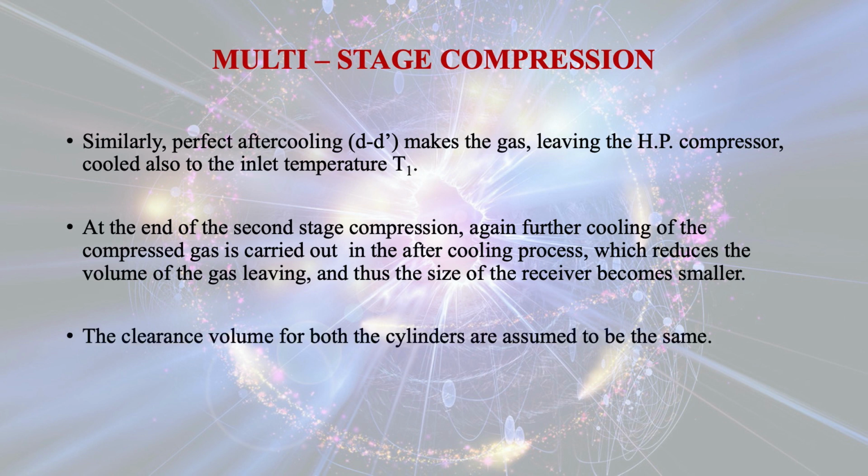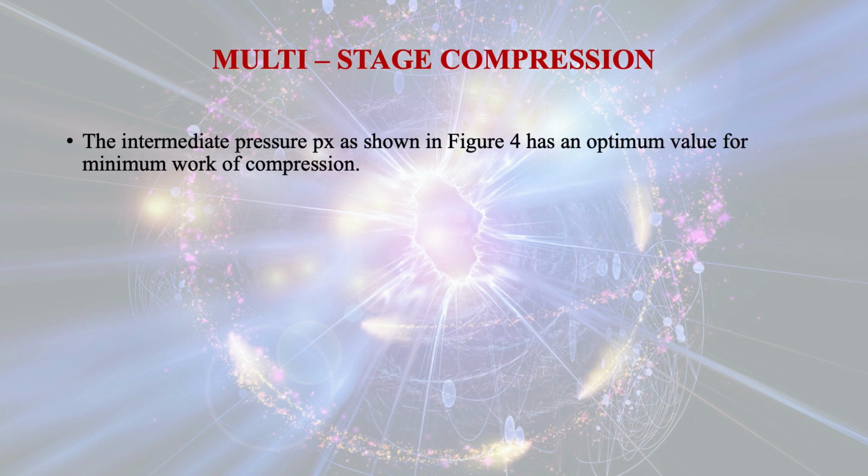The clearance volume for both the cylinders is assumed to be the same. The intermediate pressure Px, as shown in figure 4, has an optimum value for minimum work of compression.